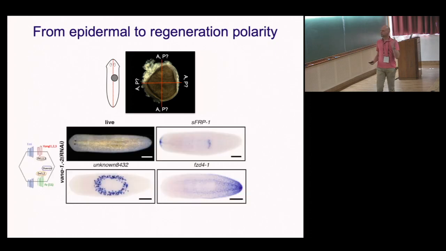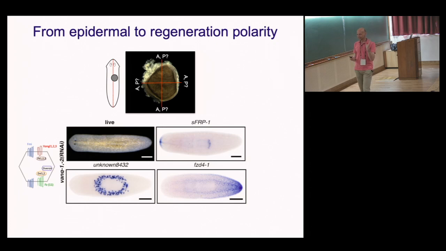And here, to our great disappointment, we have to say no. Because when we take away the components of the canonical PCP system that, as you remember, we know are responsible for orienting cilia along the AP axis, then unfortunately nothing happens to regeneration polarity at all. These animals make beautiful heads, they make beautiful tails, and everything is just fine.